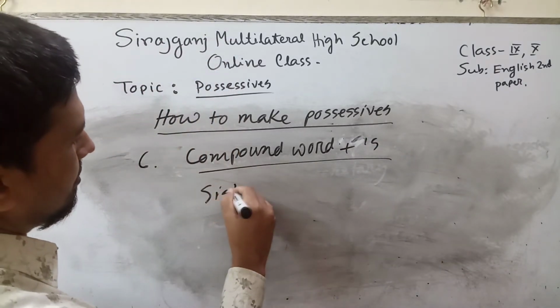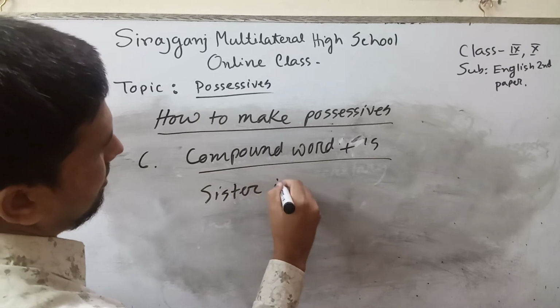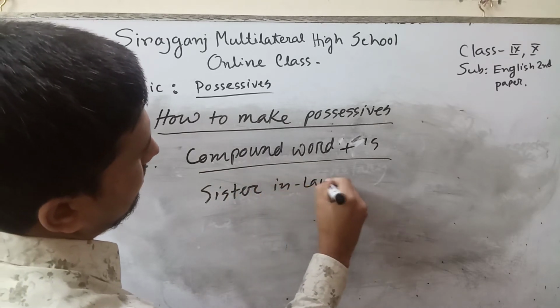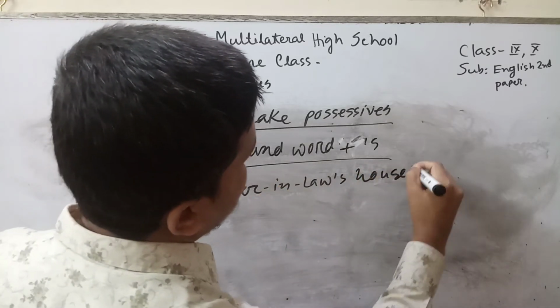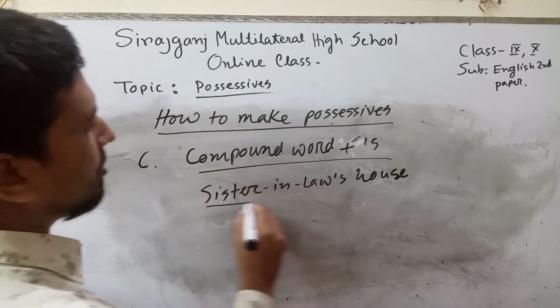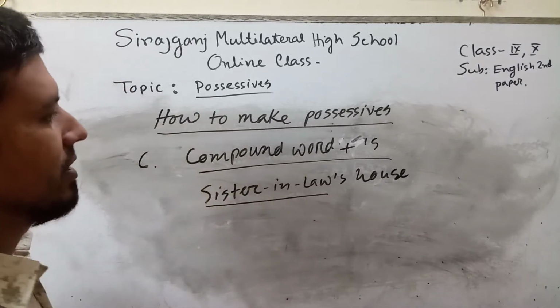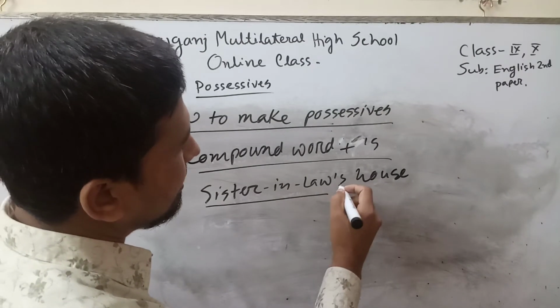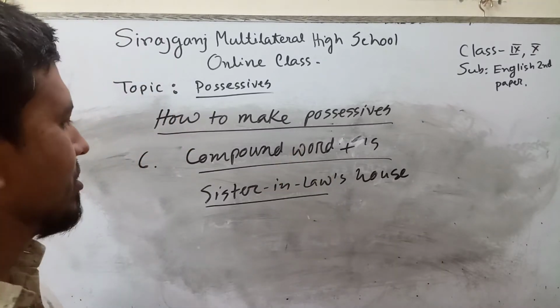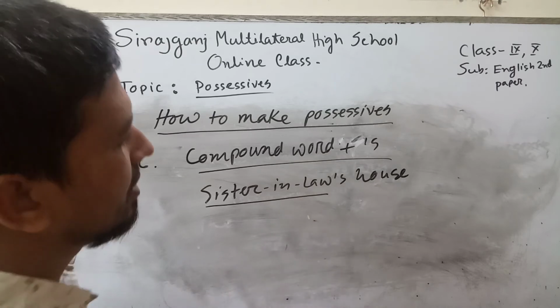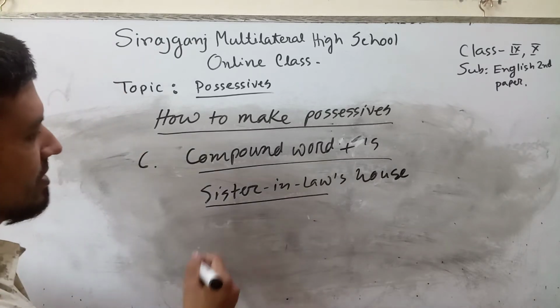Sister-in-law's house. You know, sister-in-law is a compound word. Here, law takes apostrophe s to make it possessive. So sister-in-law's is also a possessive case.